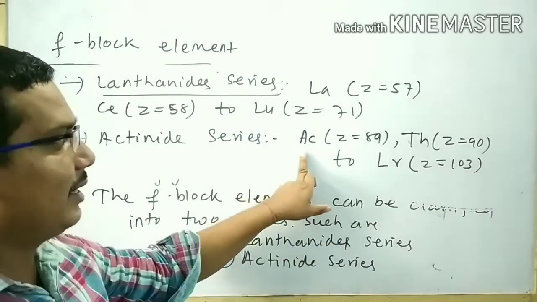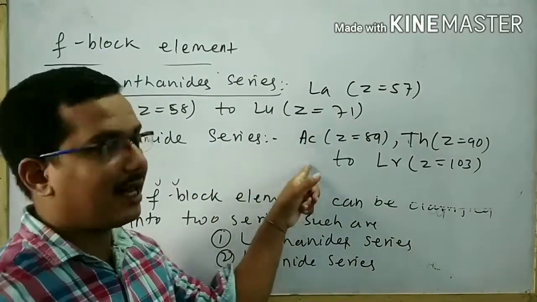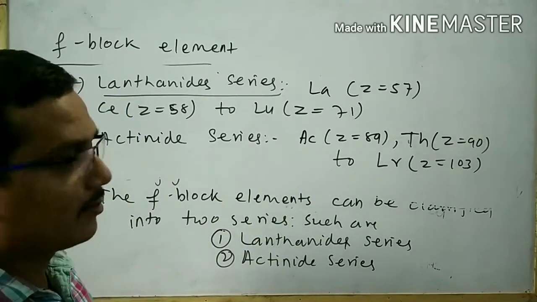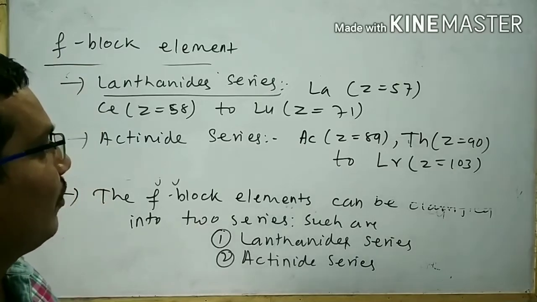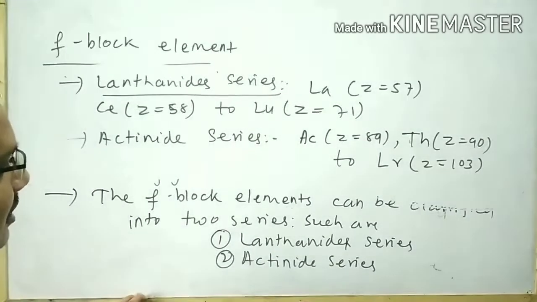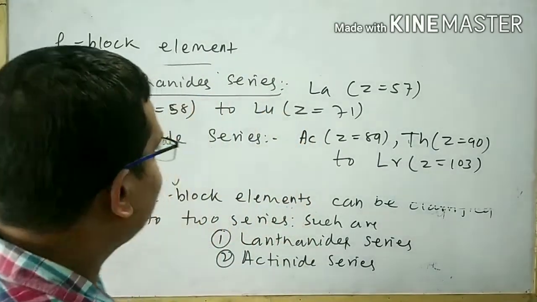It also obeys the characteristic properties of F block, but it is present in the D block elements. So when we study the characteristics of the lanthanide and actinide series, we think about lanthanum and actinium.